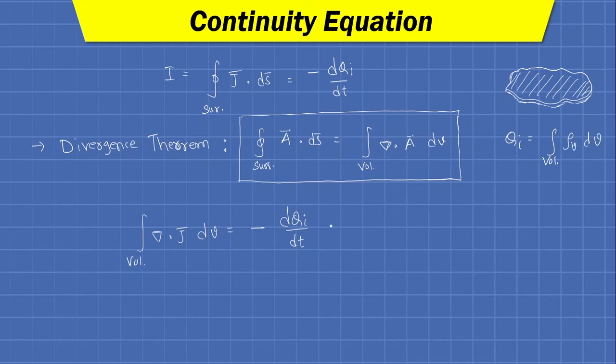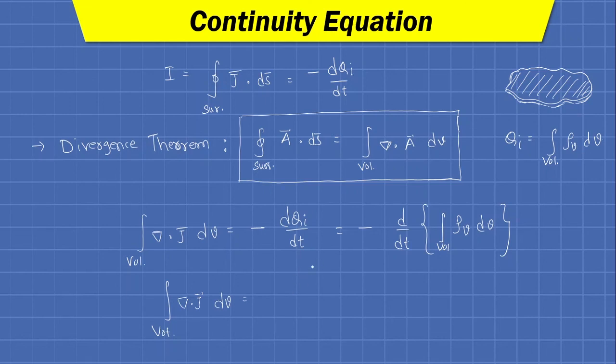Fine. So writing the value of qi, we have negative d by dt of the volume integration of rho v dV. Now the left hand side will be as it is, divergence of J bar dV.